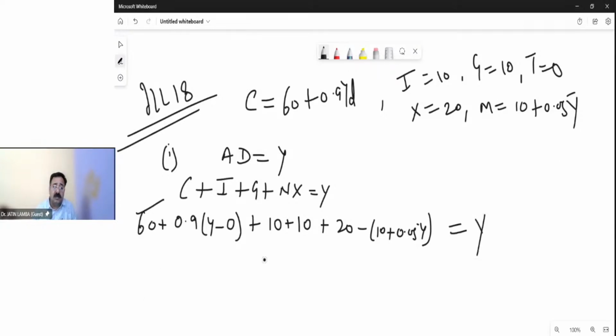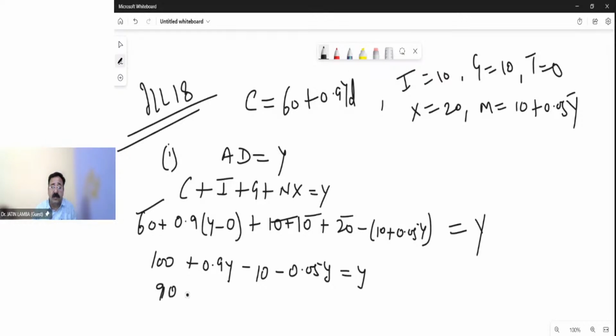Solve this. 60, 70, 80 plus 20, 100 plus 0.9y minus 10. Open this bracket, minus 10 minus 0.05y. 100 minus 10, 90. 0.9 minus 0.05, 0.85. 0.85y.